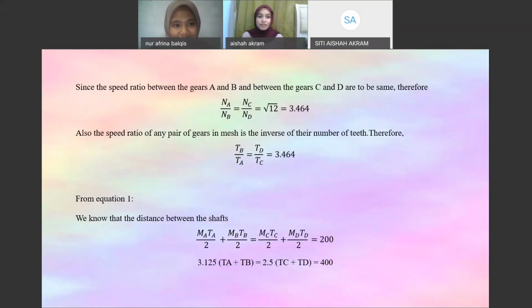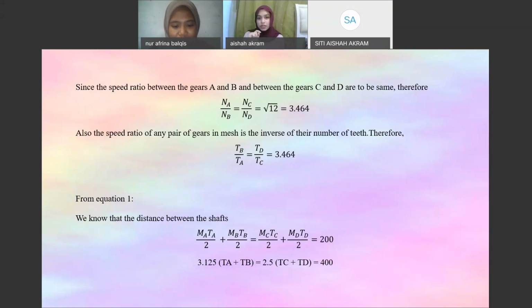Since the speed ratio between gear A and B and between gear C and D are the same, we conclude that NA over NB equals NC over ND. And in the question, it is already given that the ratio is 12:1. So we are going to find the speed ratio.